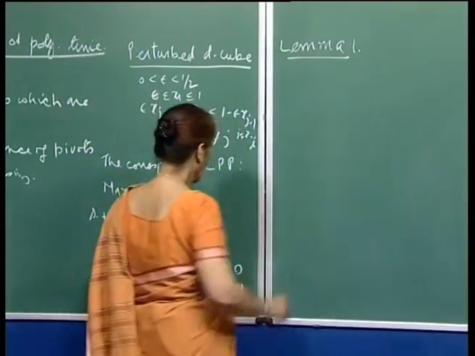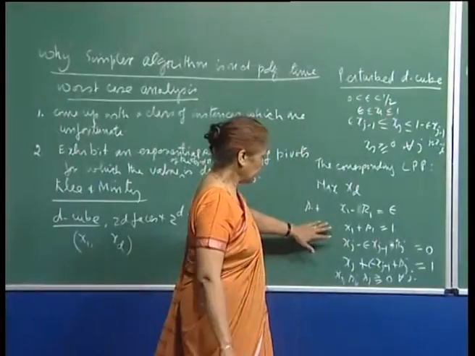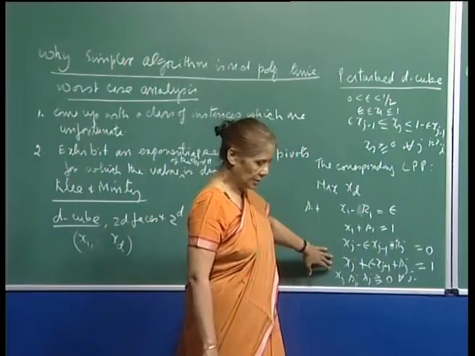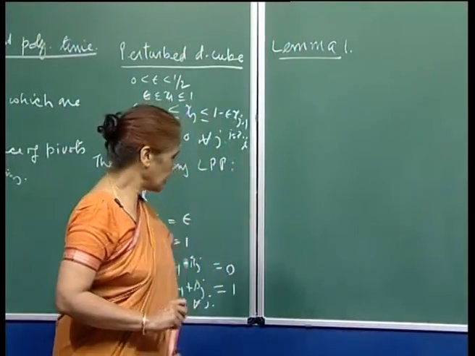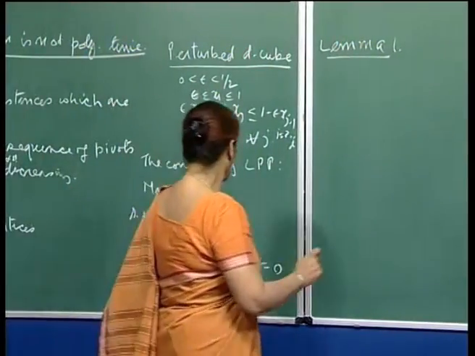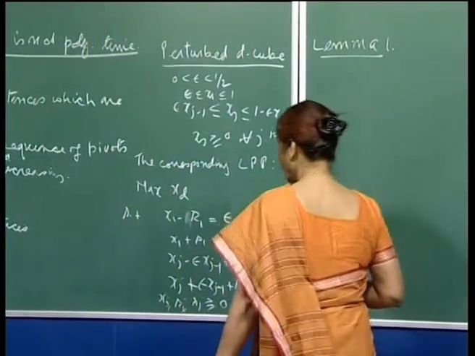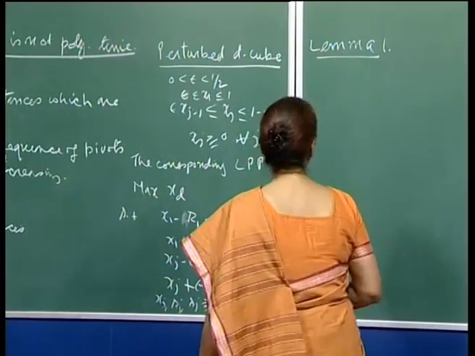Lemma 1 says that every basic feasible solution for this linear programming problem will have all the x's present in it. I first describe the structure of the basic feasible solution.